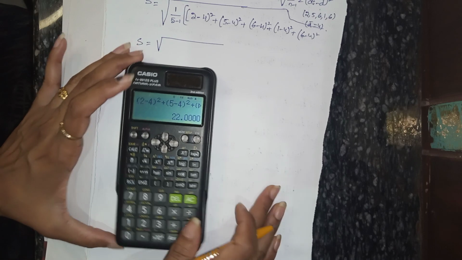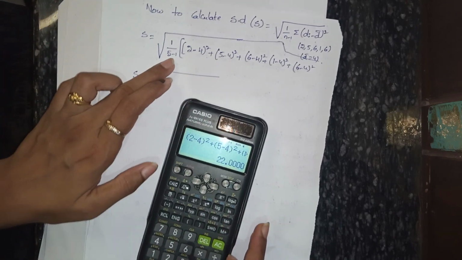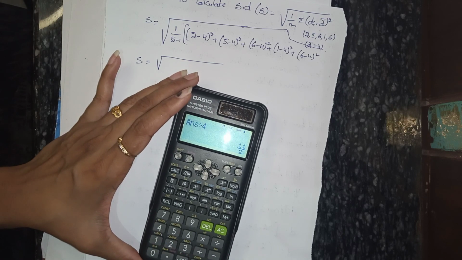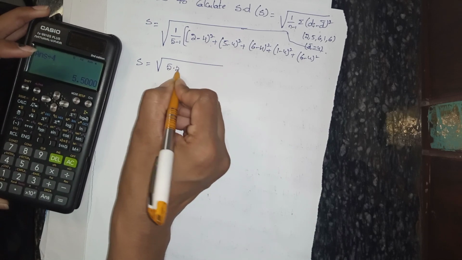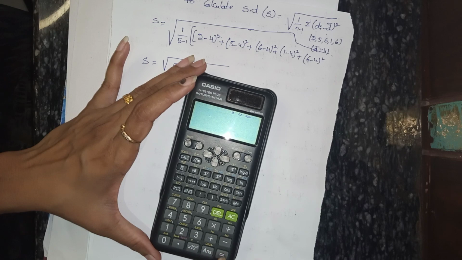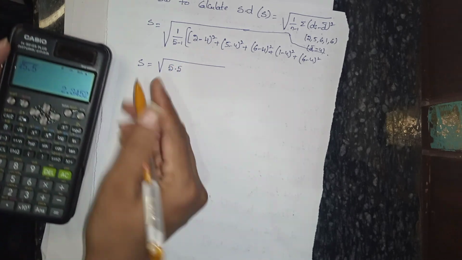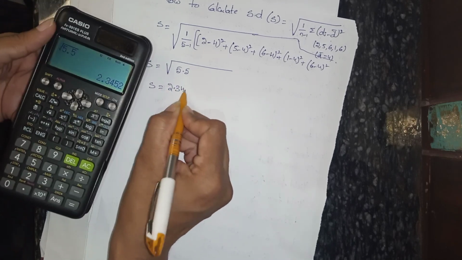That equals 22. So 22 divided by 5 minus 1, which is 4. So 22 divided by 4 equals 5.5. The square root of 5.5 equals 2.3452. So the S value is 2.3452.